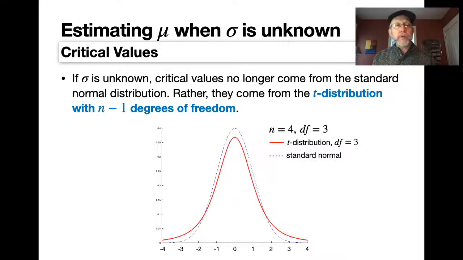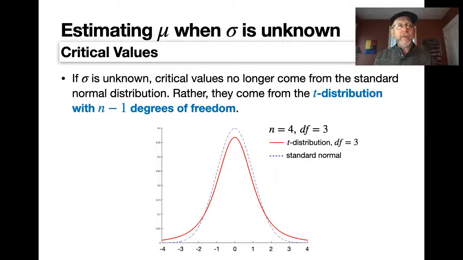Here's the t-distribution with 3 degrees of freedom. That would correspond to samples of size 4. Again, we see that the t-distribution, shown in red, is similar to the normal distribution. But, like the case of 1 degree of freedom, the t-distribution is shorter and a bit wider than the standard normal distribution.